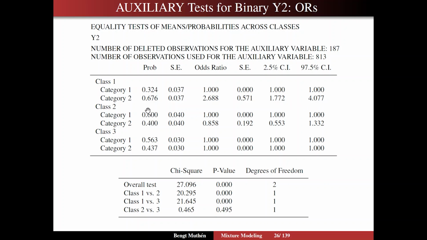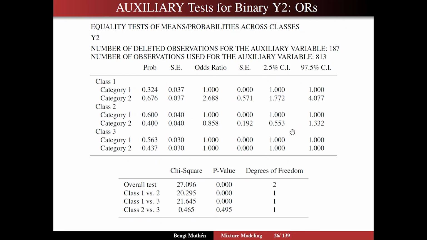So for Y2, there are significant differences between class 1 and class 3. For class 2 versus class 3, you have a confidence interval that includes 1, so this is insignificant.